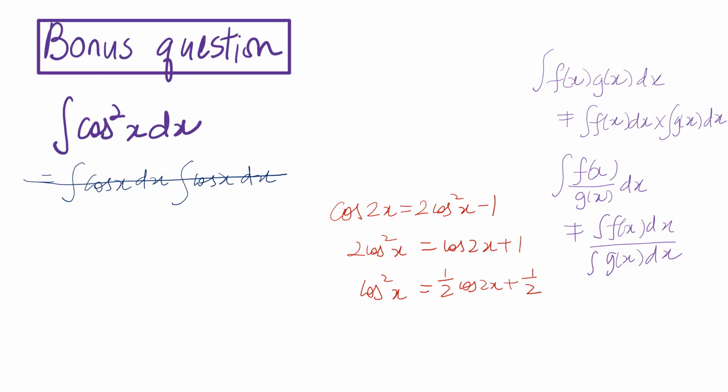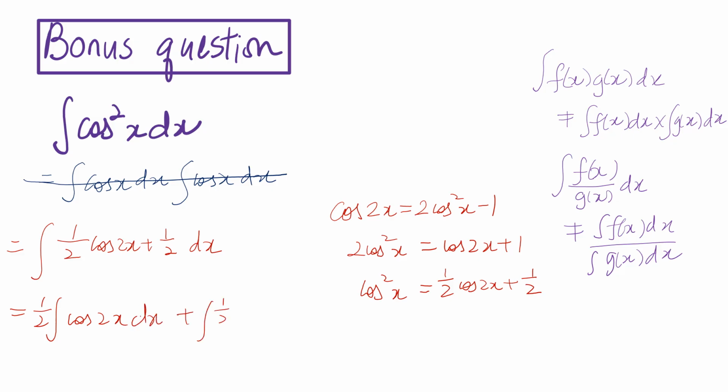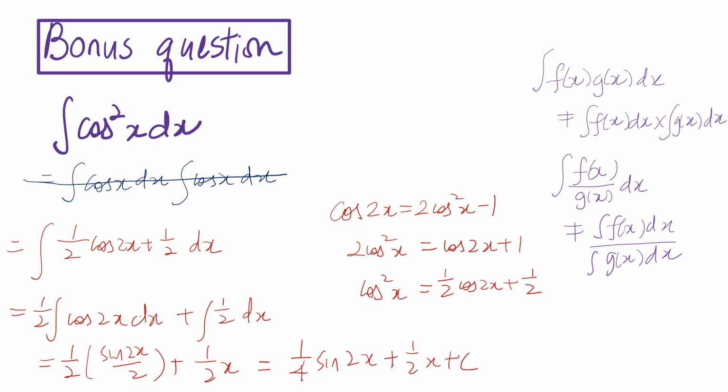So with this, I can rewrite my cos square x as half cos 2x plus half dx, and with that, I can just integrate it. So that will give us half, integrate cos 2x will get sine 2x divided by 2. Integrate half will get half x. So you simplify further, you have 1/4 sine 2x plus half x plus c, where c is an arbitrary constant.